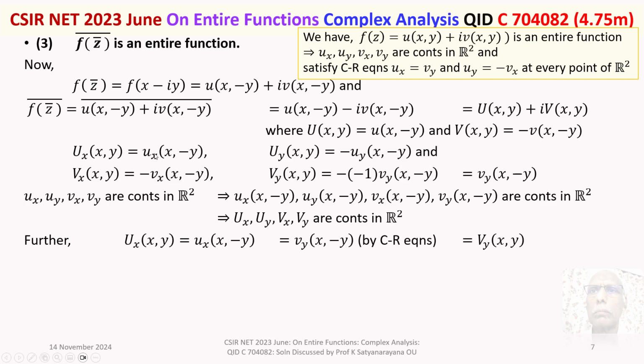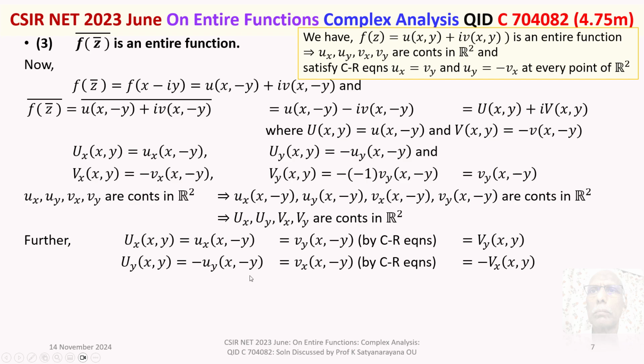Capital Ux is small ux at x comma minus y. But small ux at x comma minus y is equal to vy at the same point x comma minus y by Cauchy-Riemann equations for f of z, and small vy at x comma minus y is equal to capital Vy at x comma y, right? Capital Uy at x comma y is minus uy at x comma minus y.